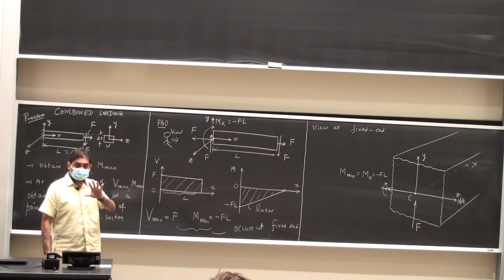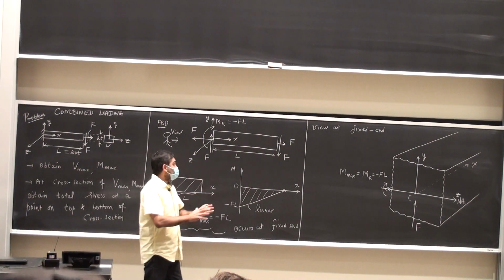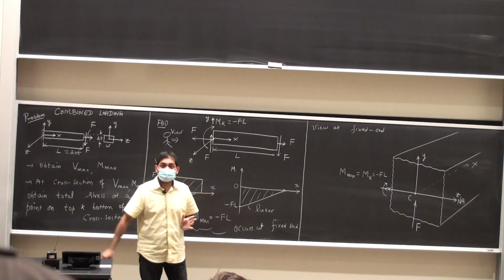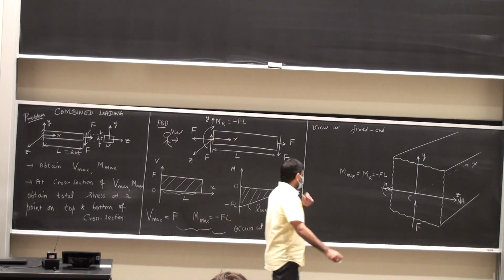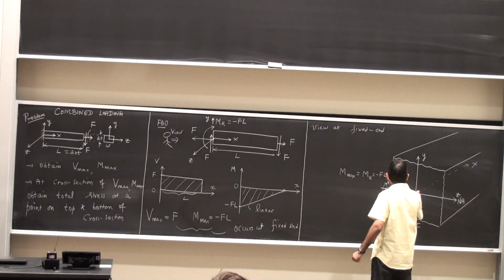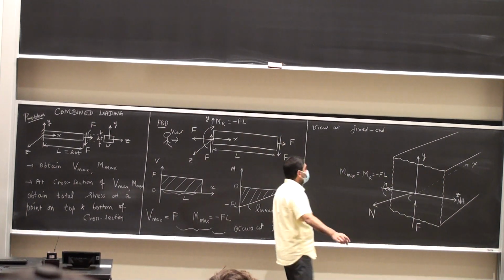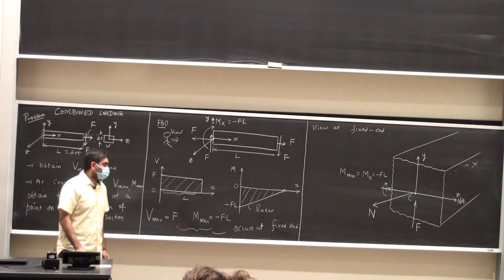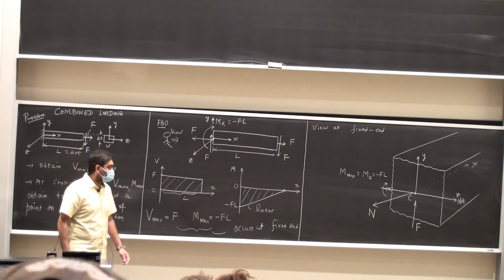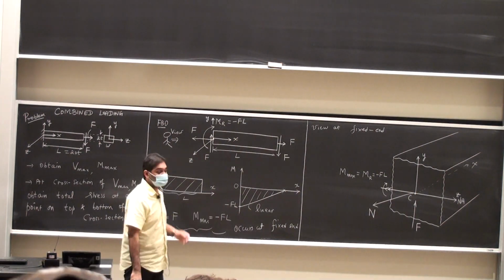I'm going to have bending moments which cause bending stress. They have either an additive or a dilatory effect on each other. Okay? So I'm going to have a normal force, N, which is coming out of the board. And so these are all the forces and the moments that I have on the cross section.